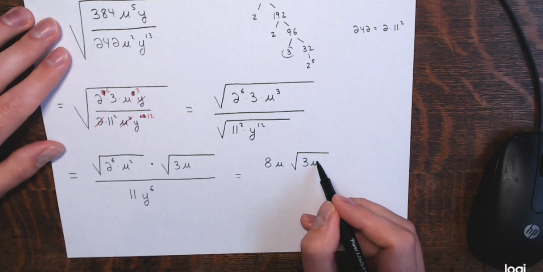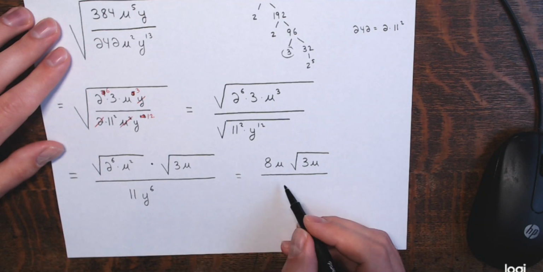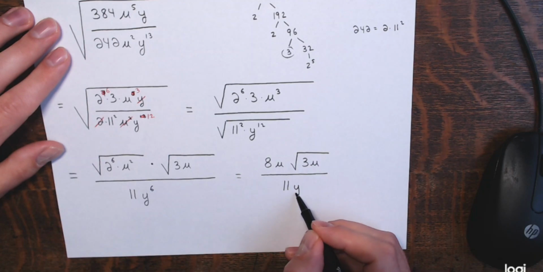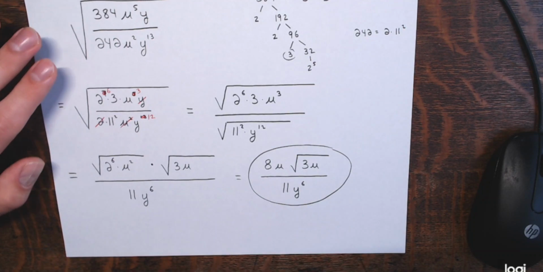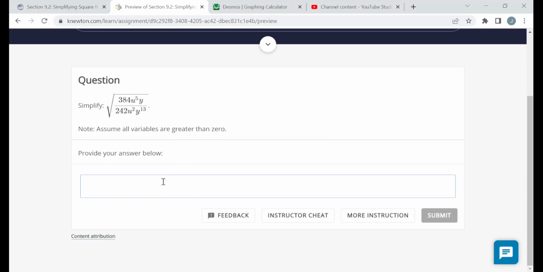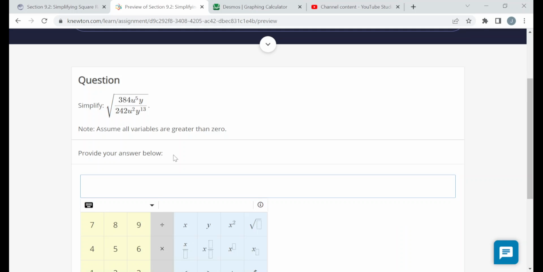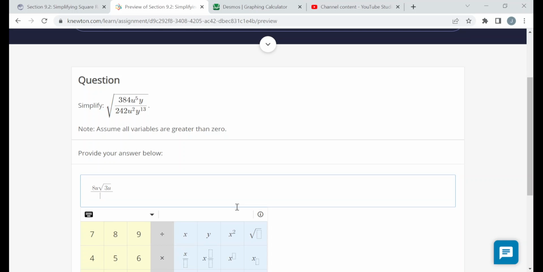Right, so that's the numerator after simplifying the radical, divided by 11y to the 6th. And there we go. This is as simple as that fraction and square root will get. So in the numerator, 8u times the square root of 3u, and then divided by 11y to the 6th.